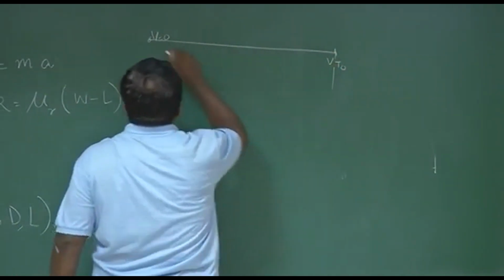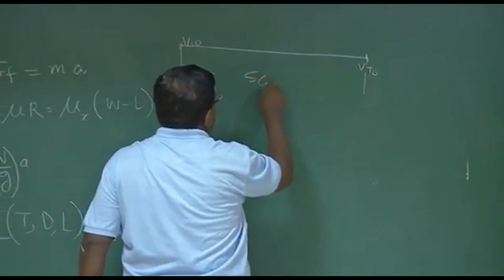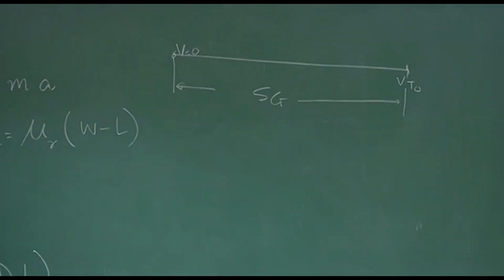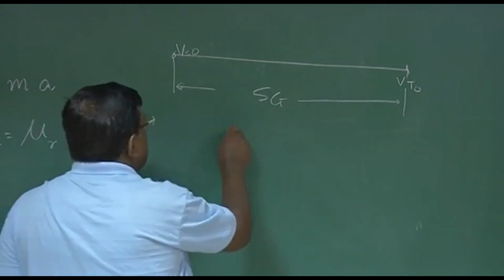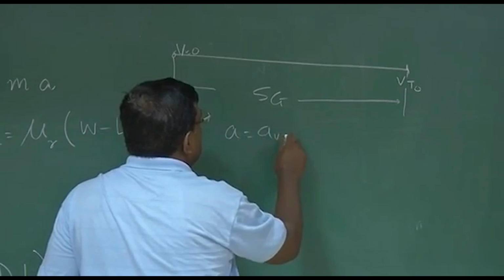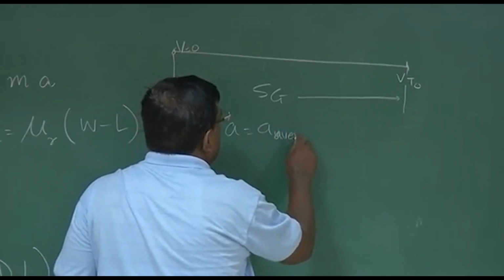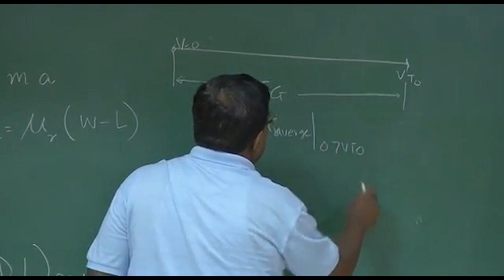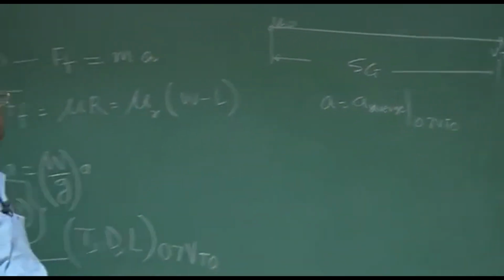I call this distance SG. So now tell me, if A is A average, evaluated at 0.7 V takeoff, then what is the problem?